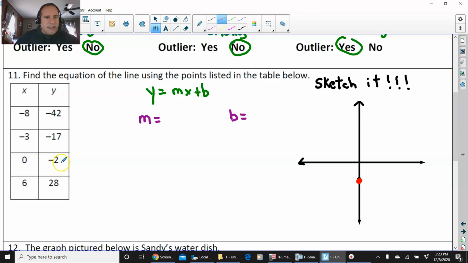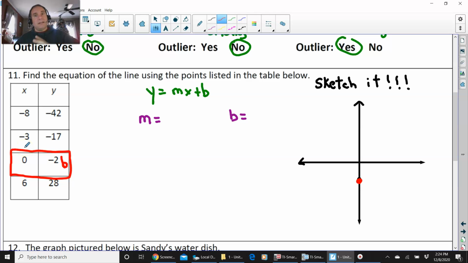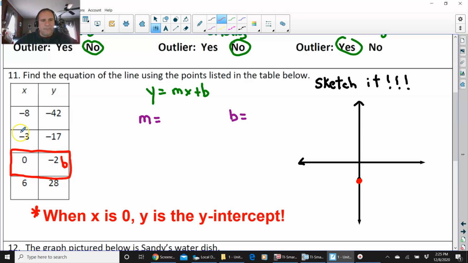Yes. -2 is the b right here. When x is 0, the other number, that y coordinate, is the y-intercept. So we're going to put down a -2. Just sketch it. Sketch it. It gets you the answer a lot of times.